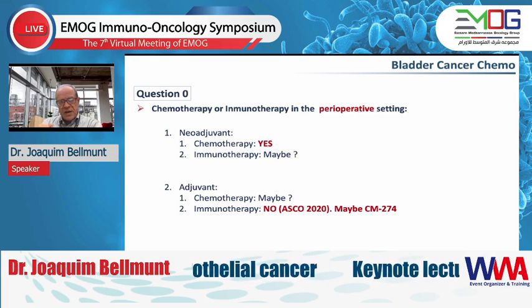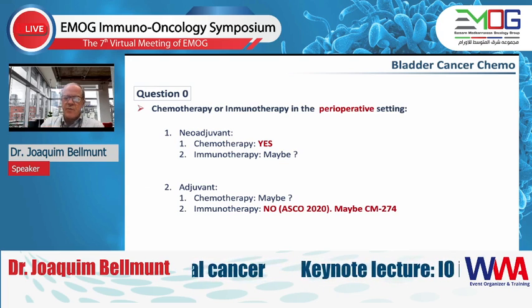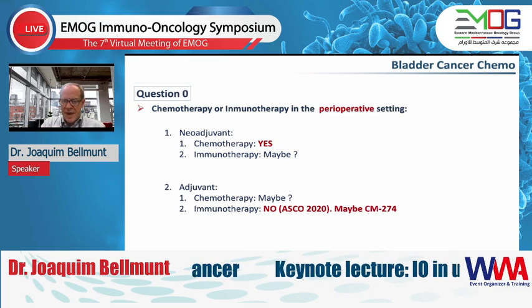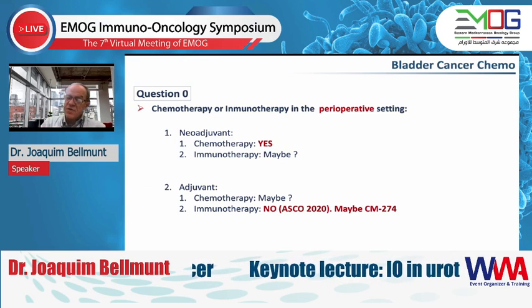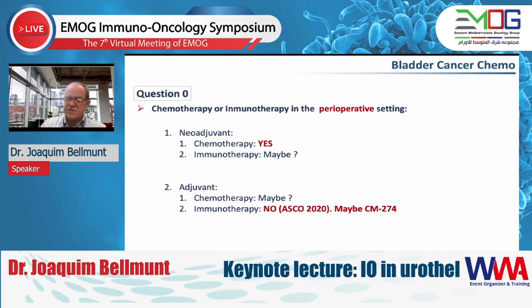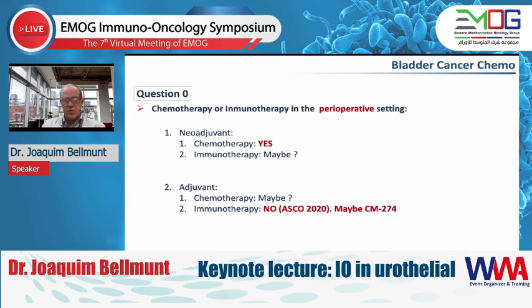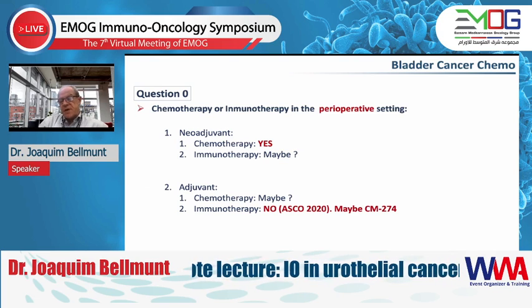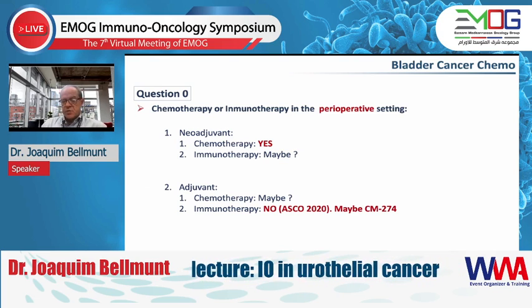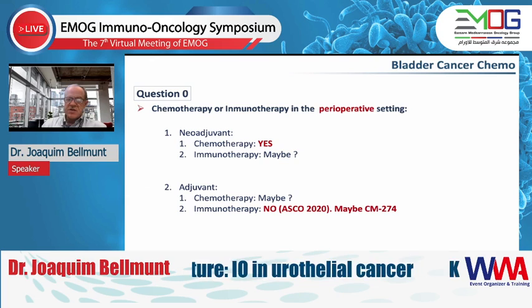So concluding on chemotherapy and immunotherapy in the perioperative setting: neoadjuvant, still chemotherapy in patients who are platinum eligible is the standard. Immunotherapy, interesting data coming from these phase 2 trials, but we need to wait maybe in the future. For adjuvant, chemotherapy still is an option to give to these patients.